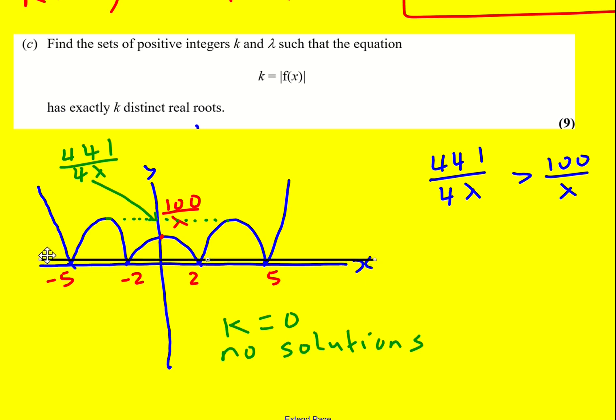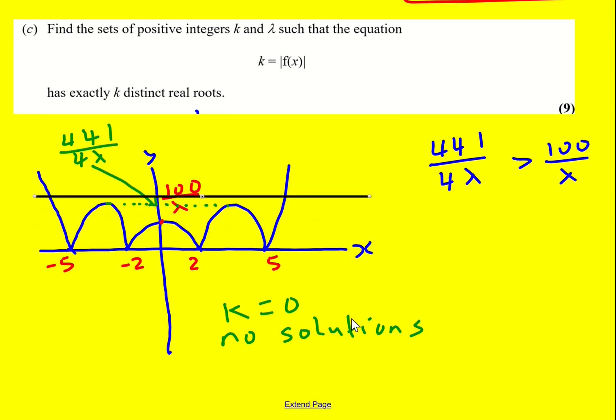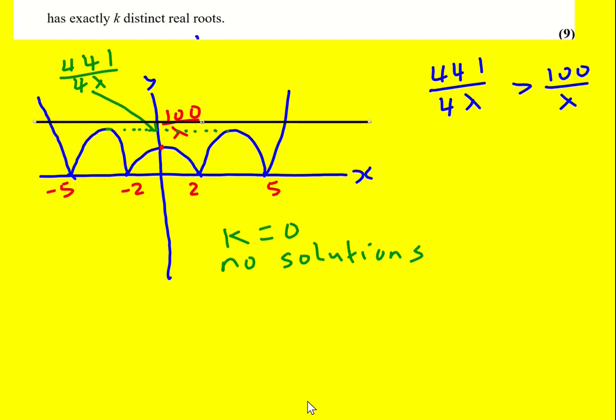So the next thing to look at is when k is equal to 2. And that is going to be if we manage to get above here, so say over here. To get 2 solutions, we need that 2 has to be greater than this local maximum, greater than 1 over 4 lambda.